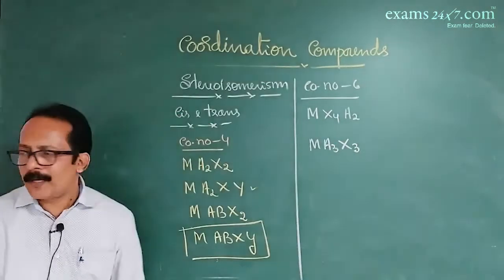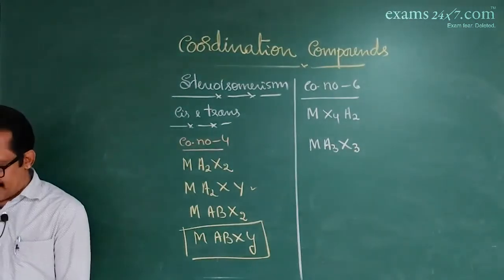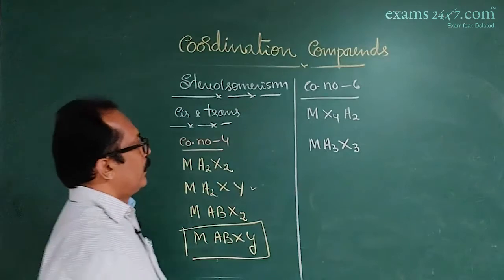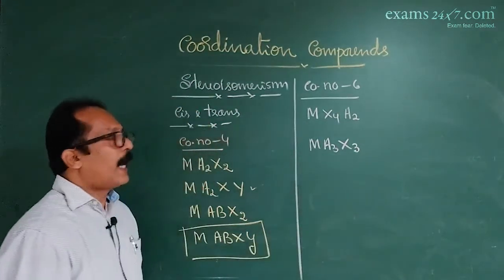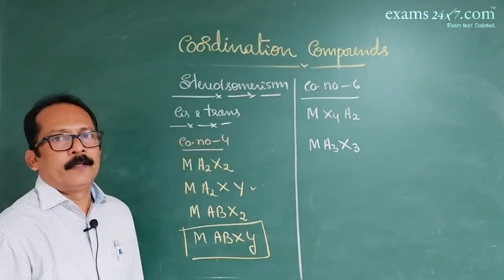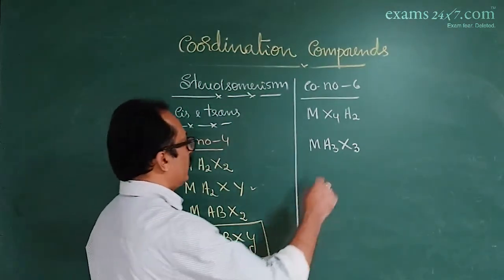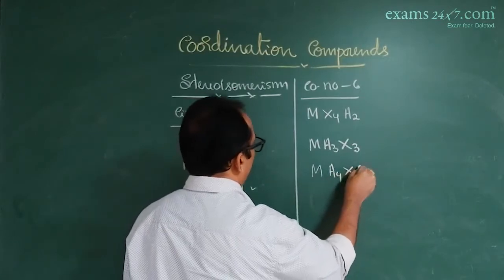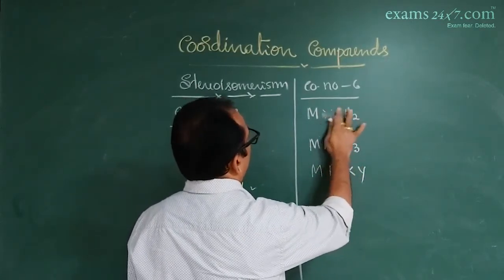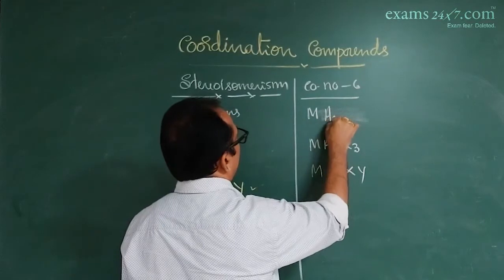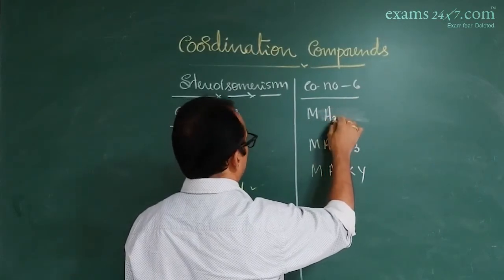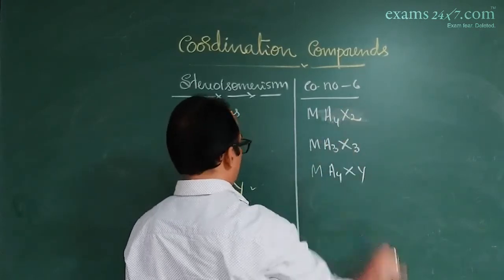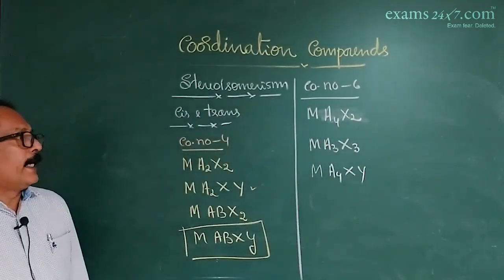So these are general formulas for complex compounds that exhibit different types of isomers, cis and trans. Now, one more example we can write like this, MA4 X and Y, or A4X2.